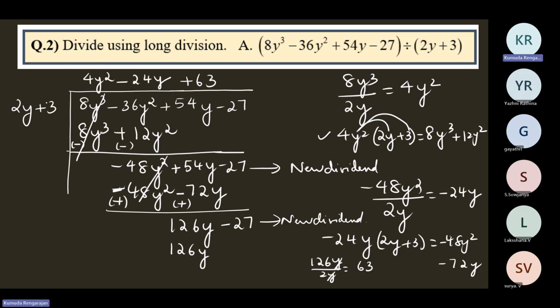Then plus 63 into plus 3, plus 189. Change the signs. Minus 189 minus 27. So 9, 7, 6, 1 carried over, 1, 2. Minus 216 is the remainder.